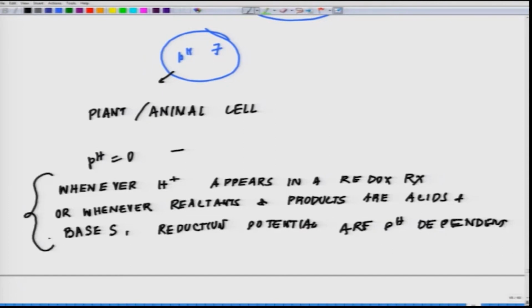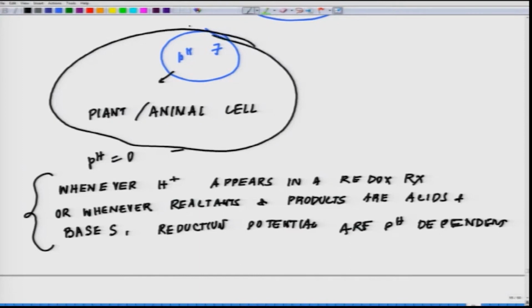So, keep this aspect very clear in your mind. It is the reducing strength at pH 7, not at pH 0, that is relevant to a living cell. This is our critical point to remember. And always realize that we have many such situations where acids and bases are involved in biological modules. Okay. So, what is the way to get around it?